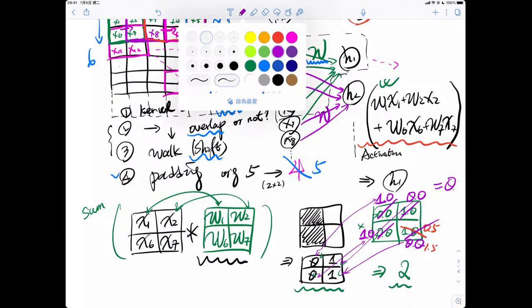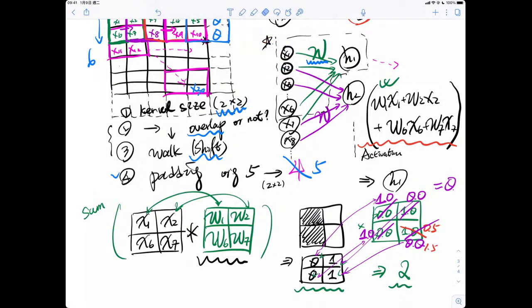So we can view the convolution as how similar the weight is to the local information x1, x2, x6, and x7. Sometimes we have another explanation of this kernel.